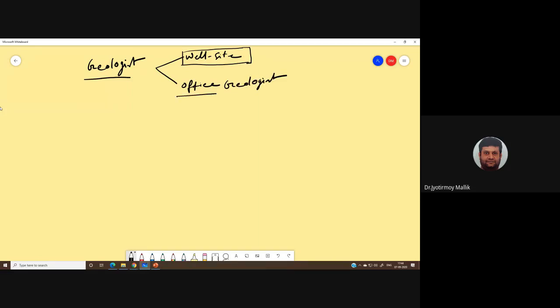Office geologists could be of many types. It can be a geophysicist. Geophysicists could be of broadly two types: non-seismic.